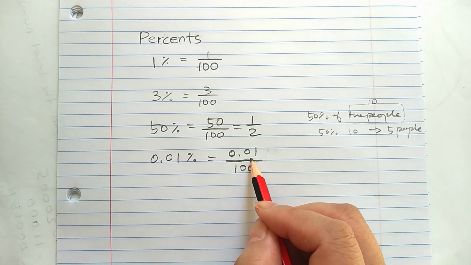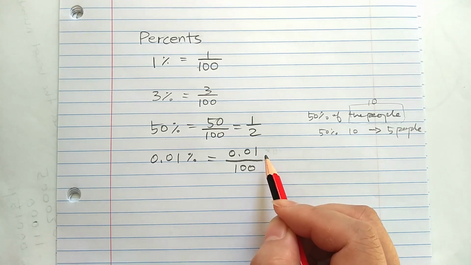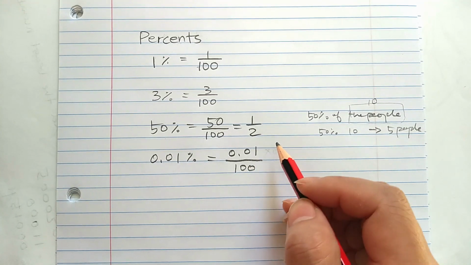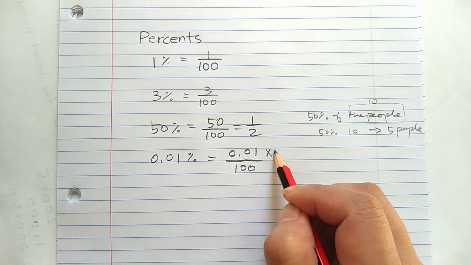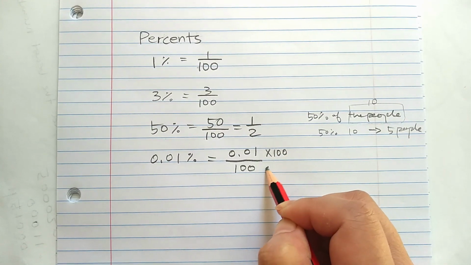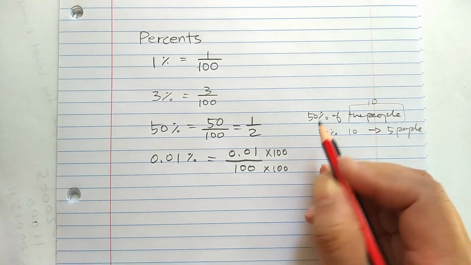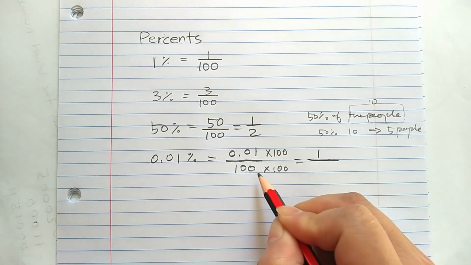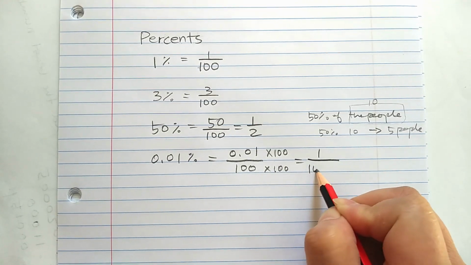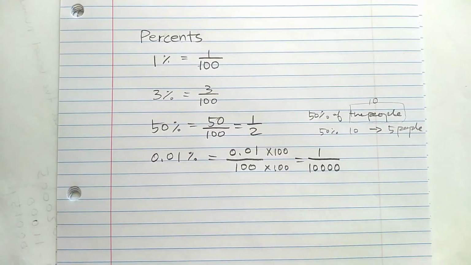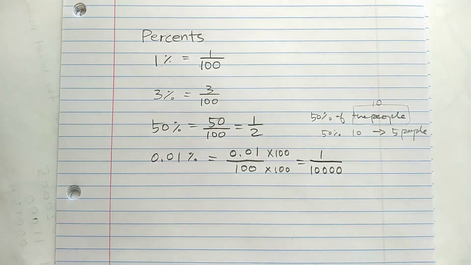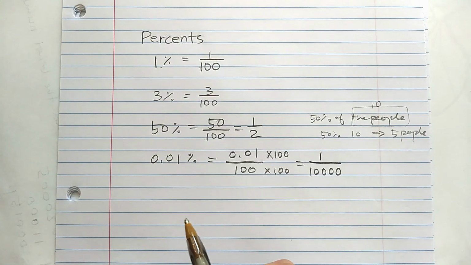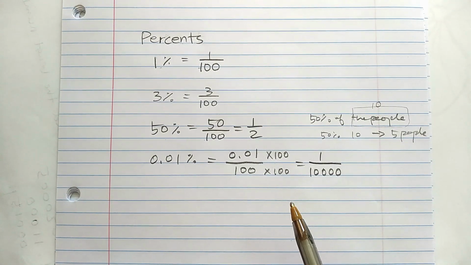So to get rid of the decimal here, what do we need to multiply? We multiply top and the bottom by 100. So this becomes 1, and this becomes 10,000. So this is how you convert percents to fractions.